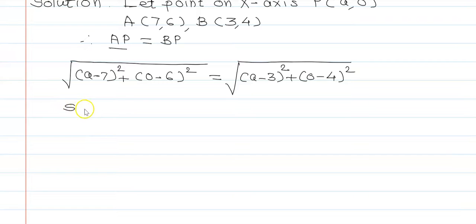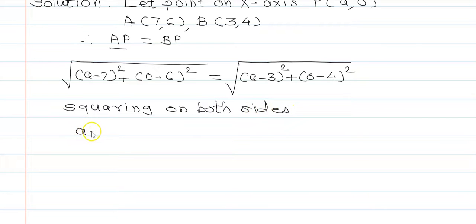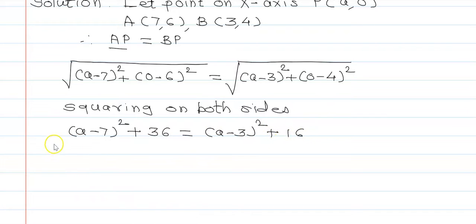Now squaring on both sides, you will have (a minus 7) bracket square plus 6 square, 36, equal to (a minus 3) bracket square plus 4 square, which is 16.